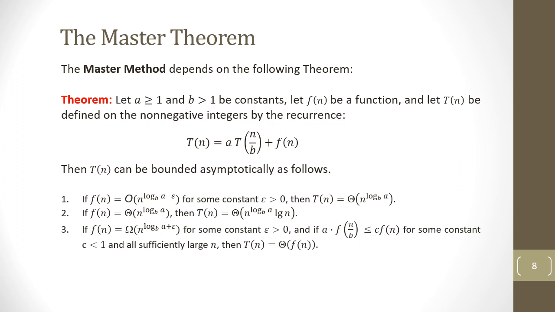This is case 3, where the growth of f(n) is greater than n to the power of log base b of a. In the third case, we also have to satisfy the regularity condition. This implies that the cost of each level should be strictly less than the cost of the level above it.